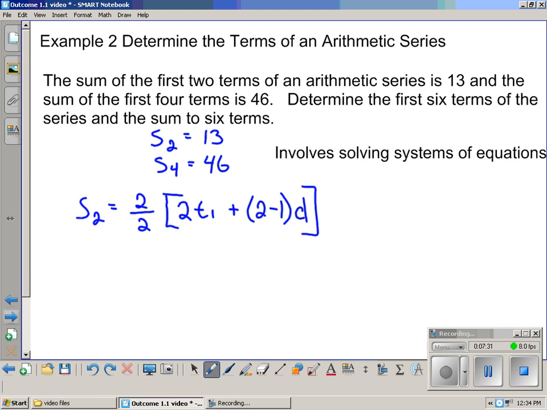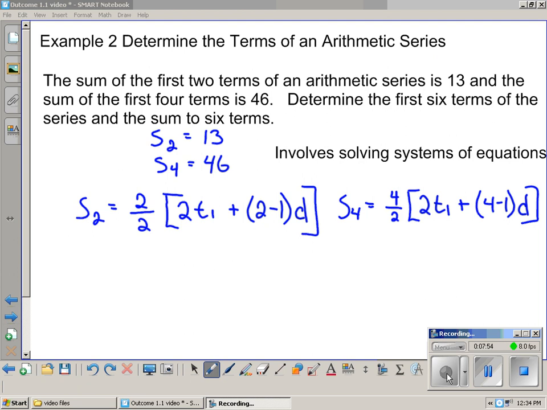The sum of the first 4 terms is equal to n over 2, so 4 over 2, times 2 times t1, plus 4 minus 1 times d.